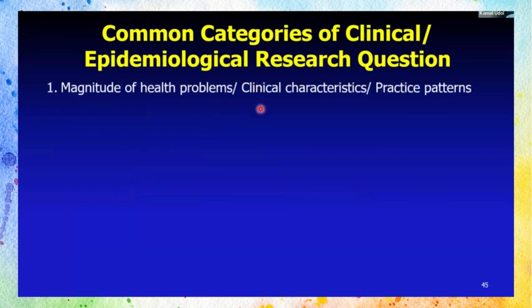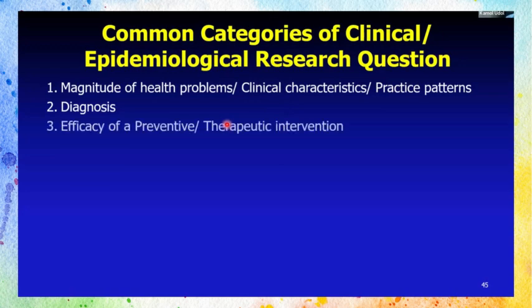So the first one will be research question regarding magnitude of health problems or clinical characteristics or practice patterns. Magnitude of health problems, clinical characteristics, practice patterns. The second group is research question regarding diagnosis. The third one, research question regarding efficacy of a preventive or therapeutic intervention.